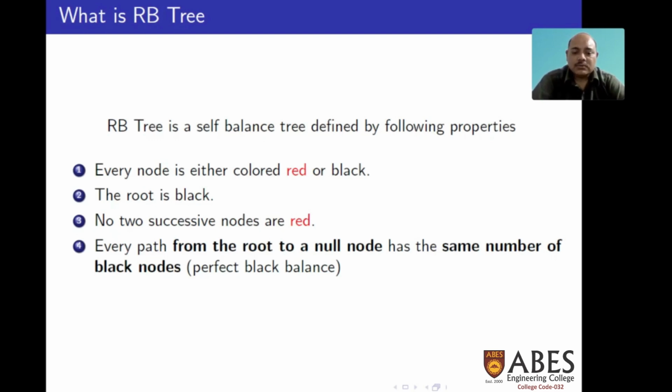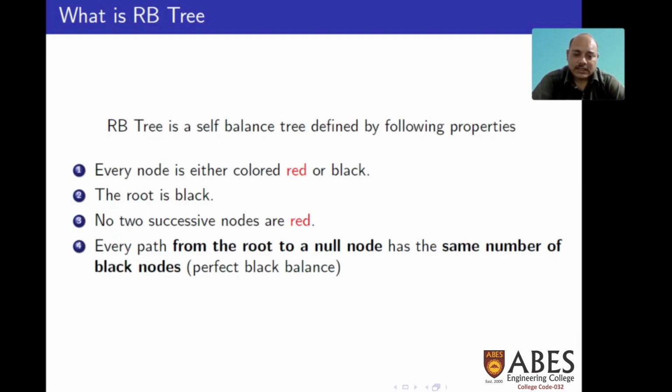Next important property which will make it a self-balanced tree is that if we are traversing the complete tree from root to null node, if several paths are there, then in each and every path the number of black nodes should be equal, and that is known as the black height of the root. This property is also true for any of the intermediate nodes.